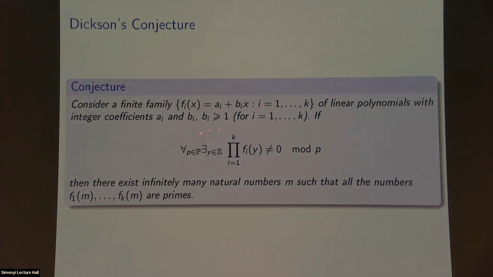And this condition is written for any p: there is an integer y such that the product of f_i of y is not divisible by p. So the assertion is that if there is no obvious arithmetical obstruction, then this family will produce primes infinitely often. Okay.